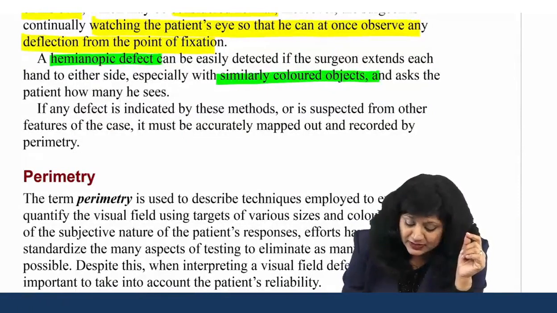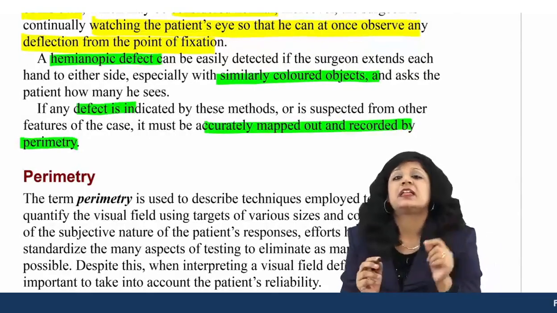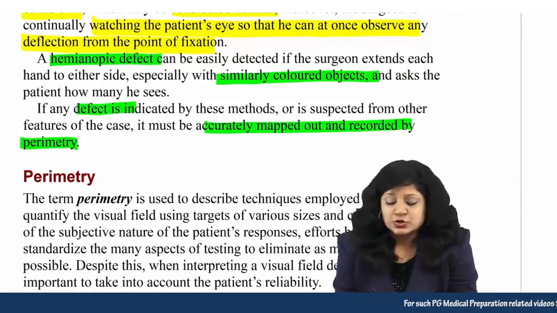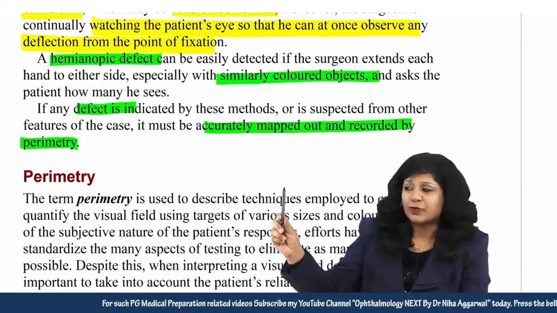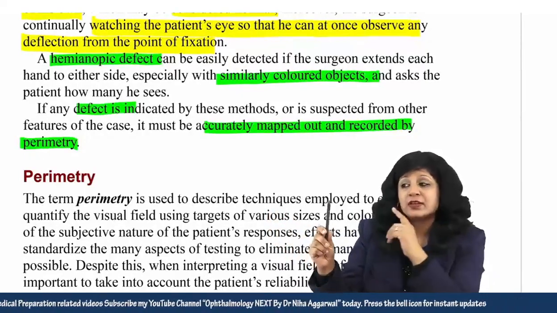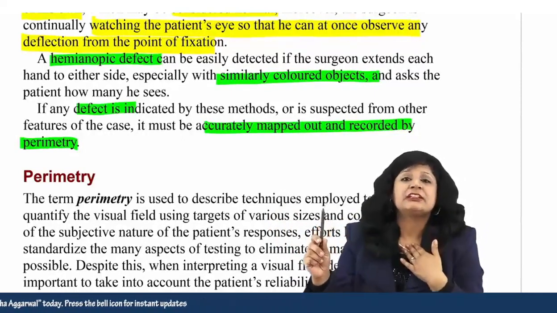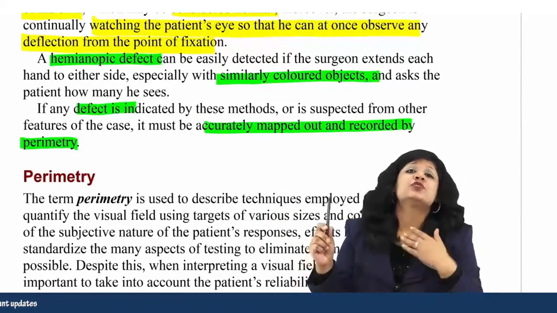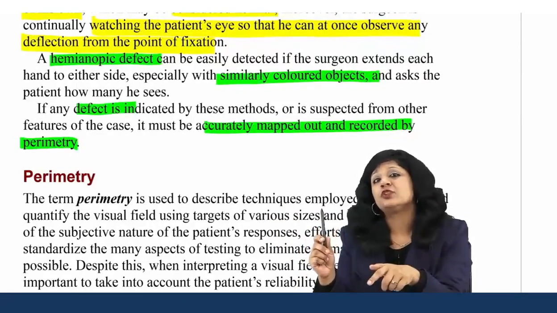If any defect is indicated by these methods, then you have to accurately check it with the help of a perimetry. So they have not given you the interpretation. Actually what we do, we try to bring it from the periphery towards the center. Now the moment the examiner starts seeing this object, because we are considering that the observer is having a normal visual field, the patient should also start seeing at the same time if he or she is also having a normal visual field.